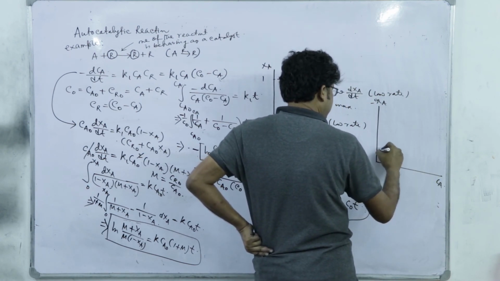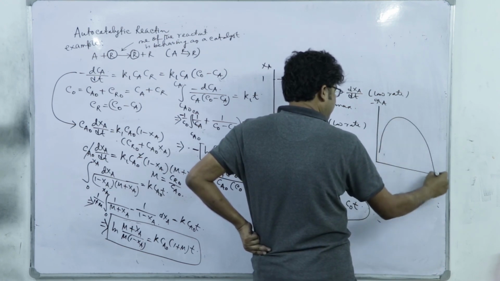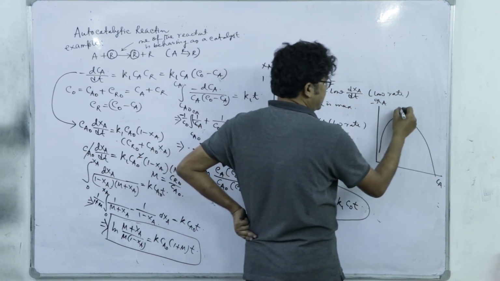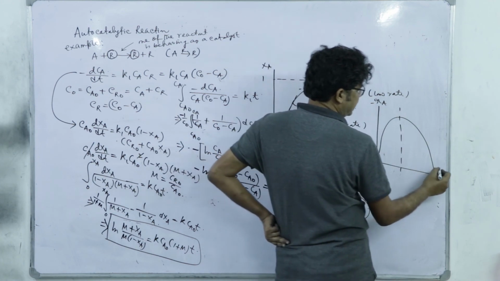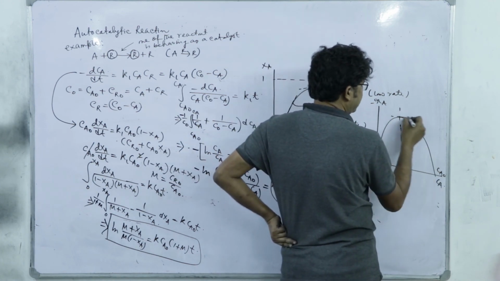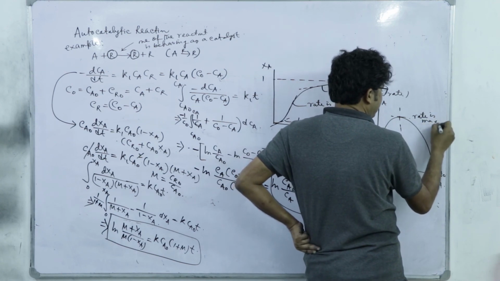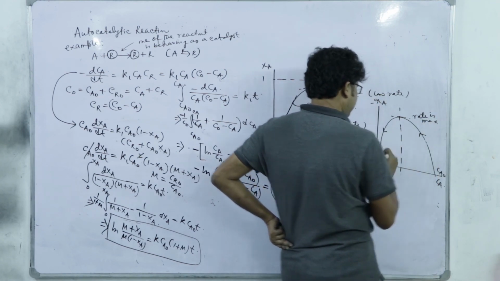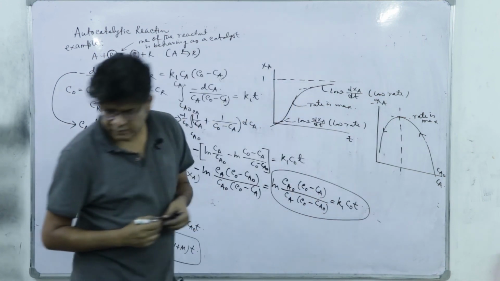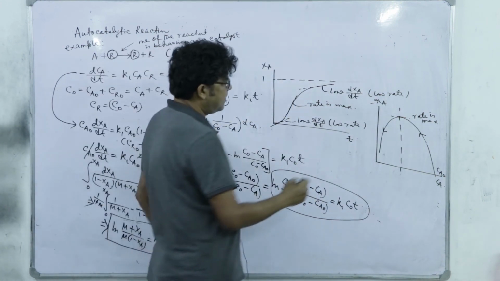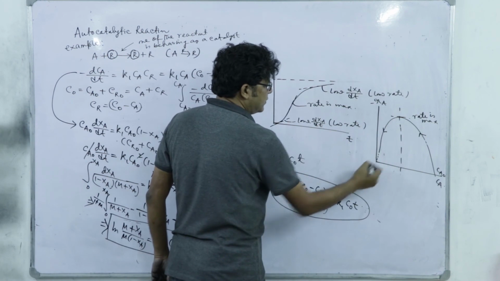I will get this sort of curve, right. So this is CA equal to CA naught, at some position here the rate is maximum, and the reaction proceeds in this direction, finally going to 0 CA.